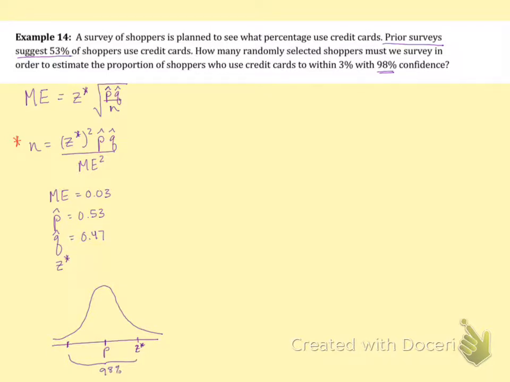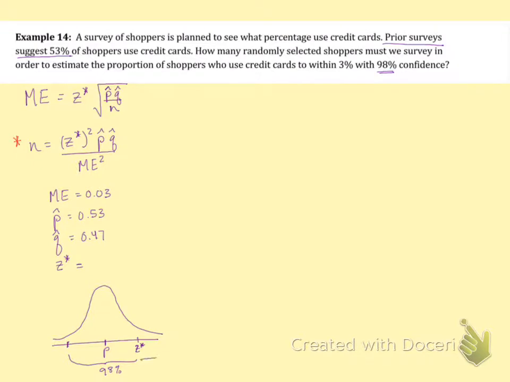Now, we're going to use inverse norm, and with inverse norm, if you have a regular TI-84 plus or a TI-83, then for inverse norm, it only uses the lower percentage. This 98% is not a lower percentage, it's a central percentage.